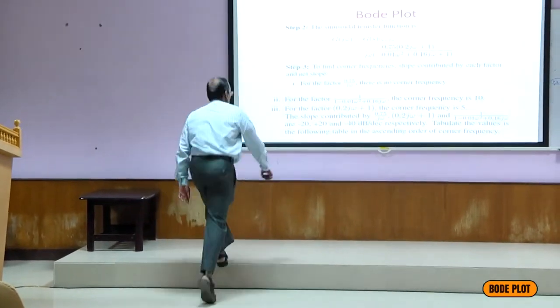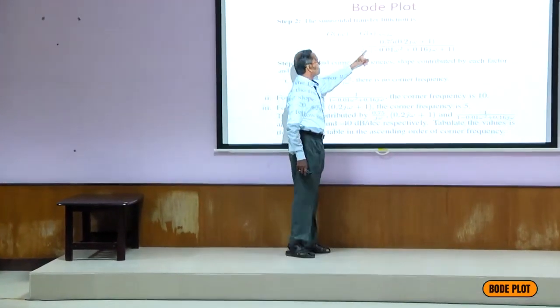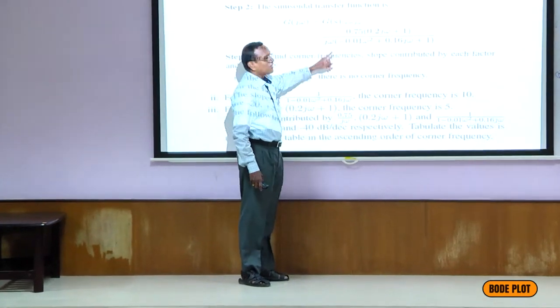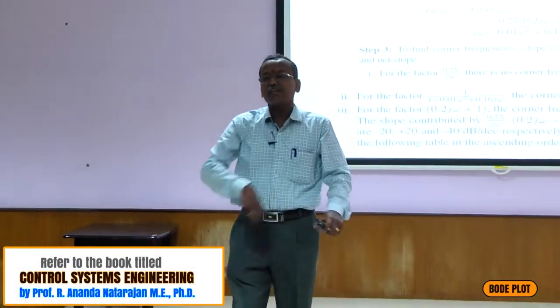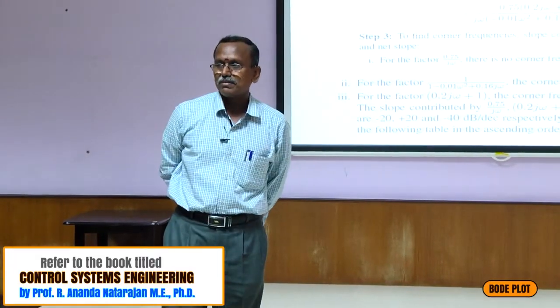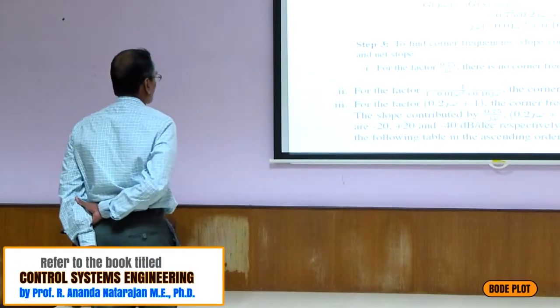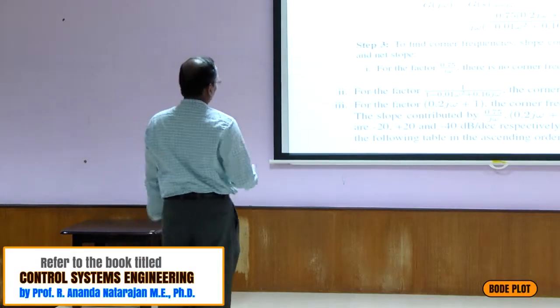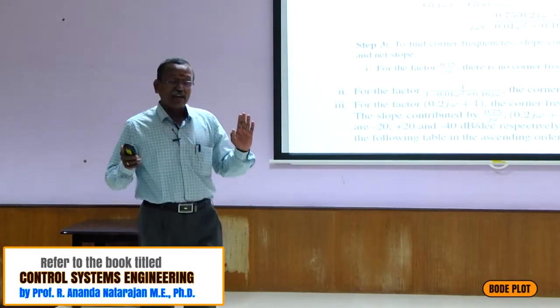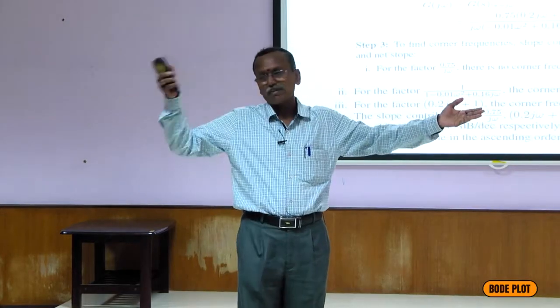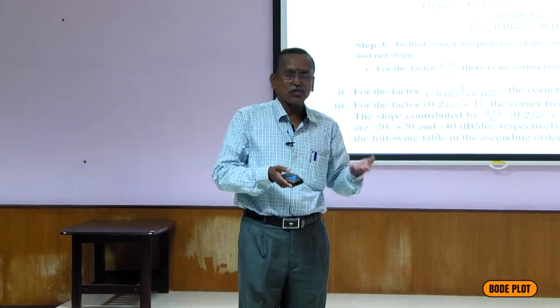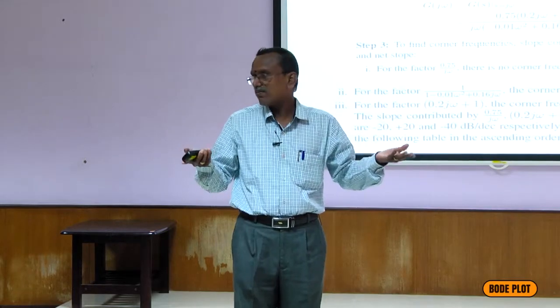The first factor we consider is 1 by s, or 1 by j omega. While drawing the Bode plot, the constant factor is always combined with the 1 by s or s term. So 0.75 divided by j omega is combined together. Why? Because the constant 0.75 is valid from minus infinity to plus infinity, and 1 by j omega also, so there is no corner frequency at all.